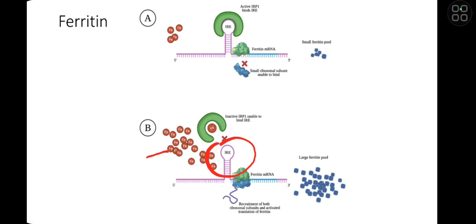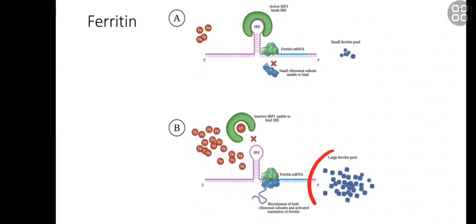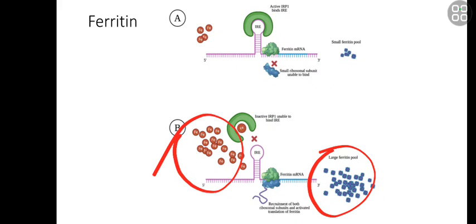It leaves that region, so that the gene repression is stopped, and the gene is transcribed to mRNA, and the mRNA gets translated to protein, that is, ferritin. The ferritin which is produced will bind to the excess amount of iron in the body or blood, so that the toxic effect of iron can be reduced.